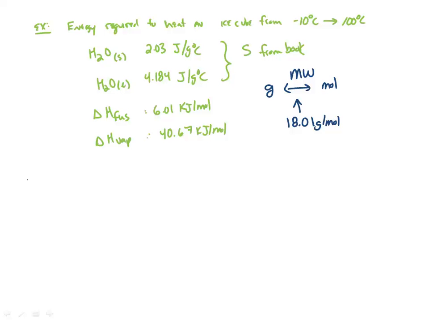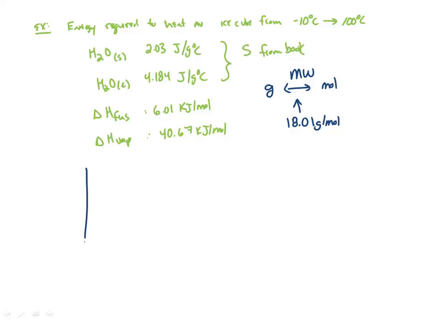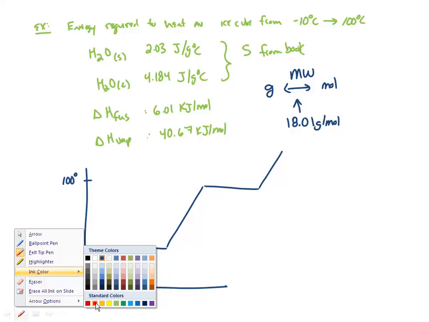So for example, if I wanted the energy required to heat an ice cube from minus 10 to 100 degrees Celsius, well, let me sketch out that graph again, since I used too many colors on the last one. Here's 0 degrees Celsius, here's 100 degrees Celsius, and if I pretend to start off at minus 10, then I've got 4 parts to that problem.